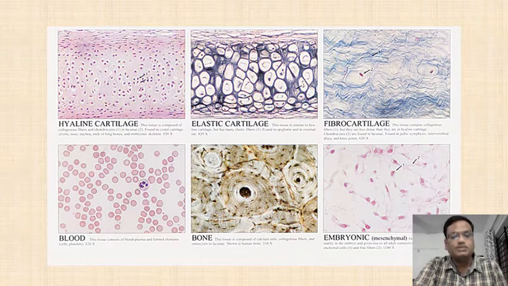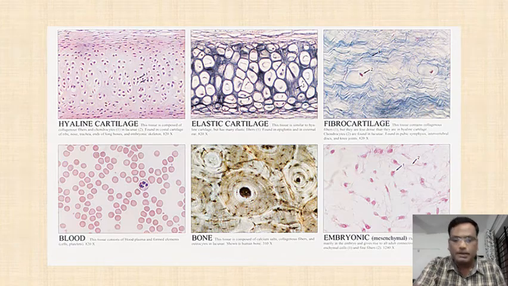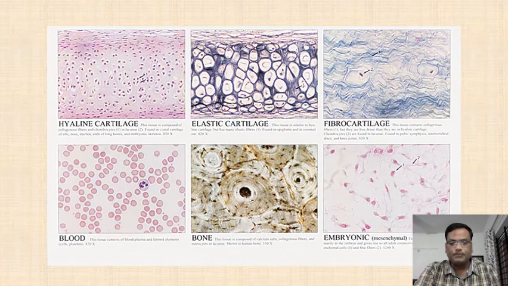Again, the cartilage is divided into hyaline cartilage, elastic cartilage, fibrocartilage, etc. And the fluid connective tissue, that is blood and lymph, the diagram is not given here, the bone, which is the hard endoskeleton part of the body, and embryonic connective tissue somewhat looks like this. So these are just diagrams to show you how the connective tissue appears under the microscope.